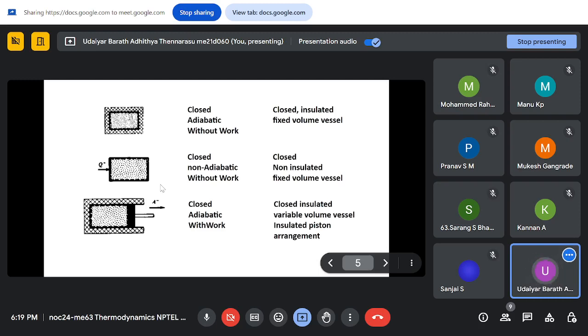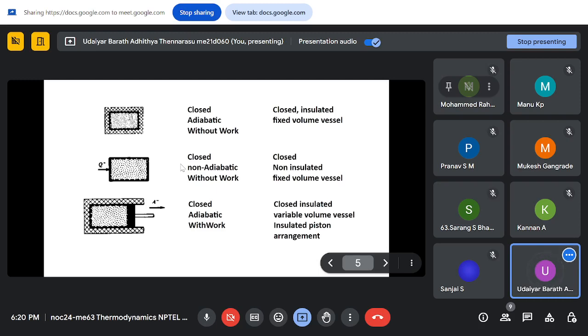Work in thermodynamics is defined as any form of work in which you raise a mass to a certain height. It can be of any form, but ultimately that work can be converted into raising a mass to some extent. So that is called work.